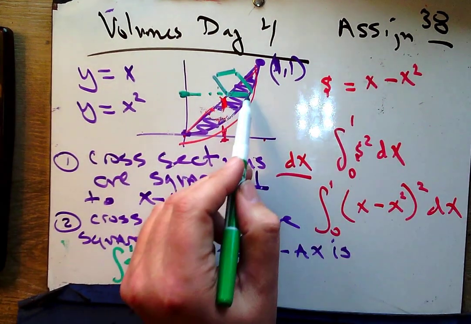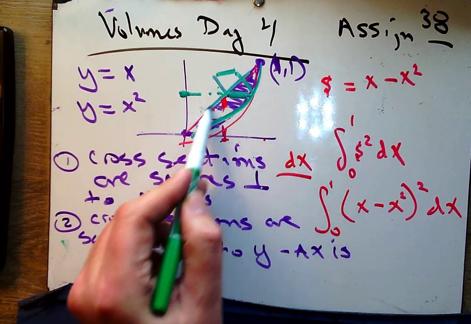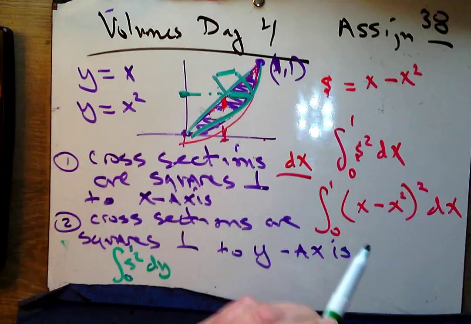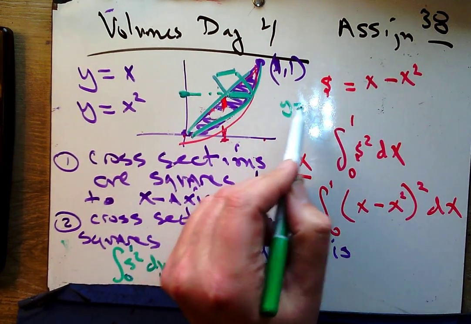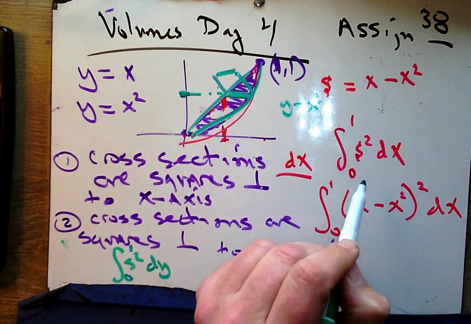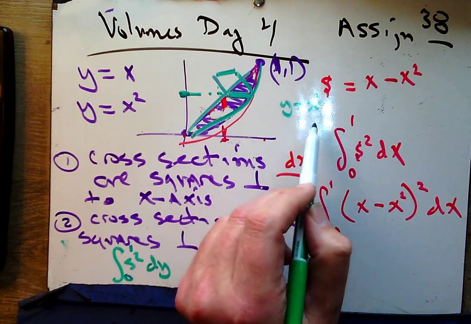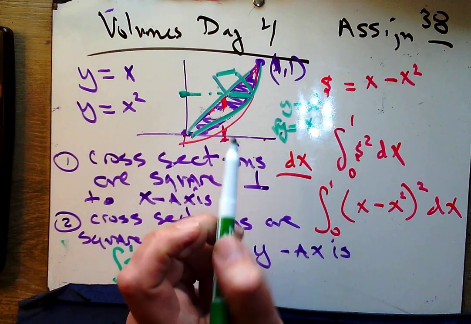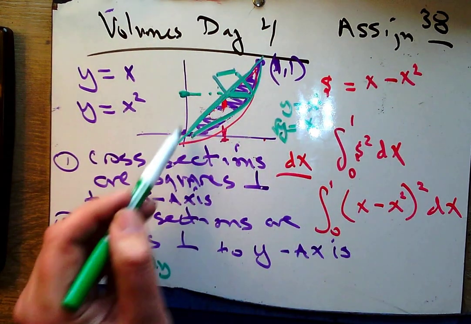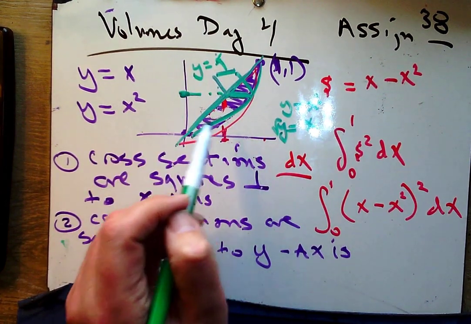So what do I know about the side? Well, right minus left gives me that side. Now, this right thing looks like y equals x squared, but I need x equals. So x equals square root of y. And here, well, this is y equals x, so x is going to equal y.